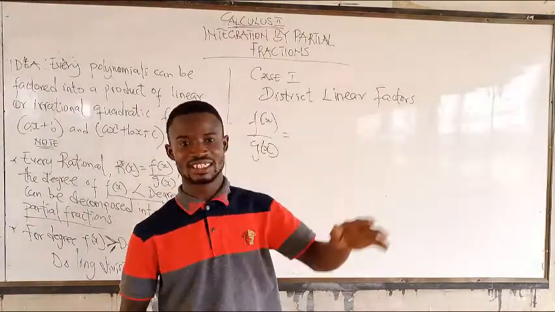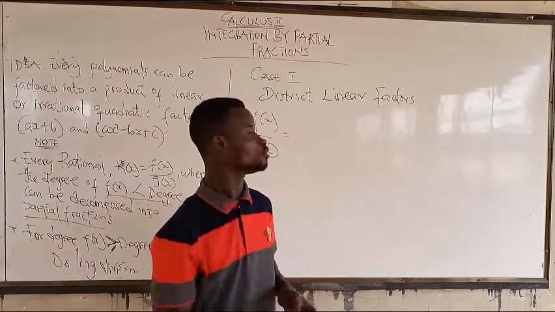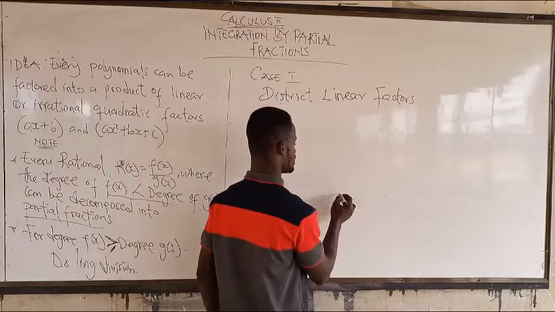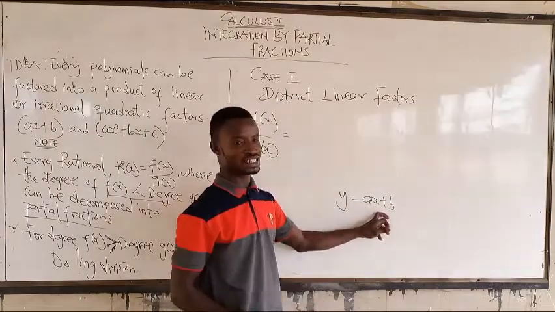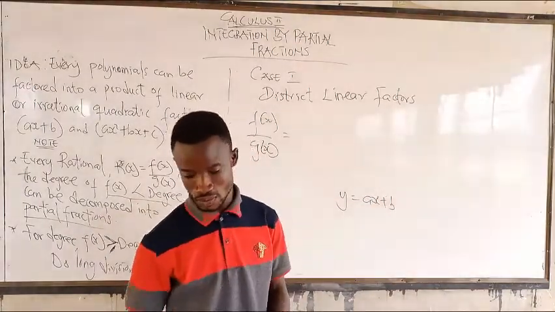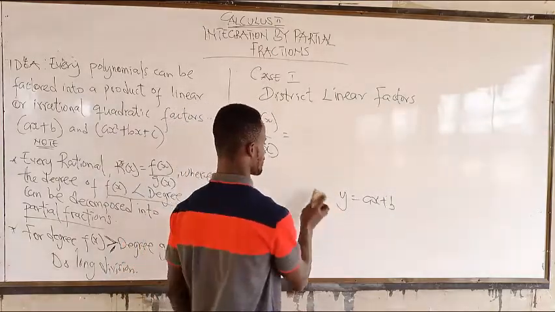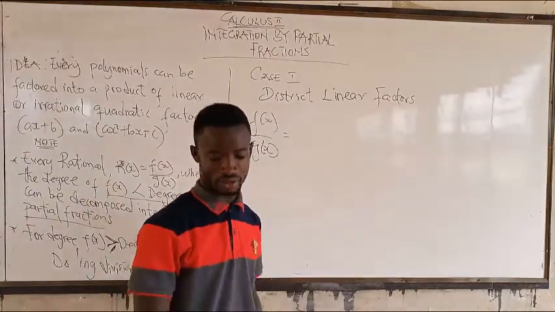So you can see that all linear functions have a power of 1. So for instance, y is equal to ax plus b. This is linear because the power is 1. Alright, so that is what we are talking about here. Very good.